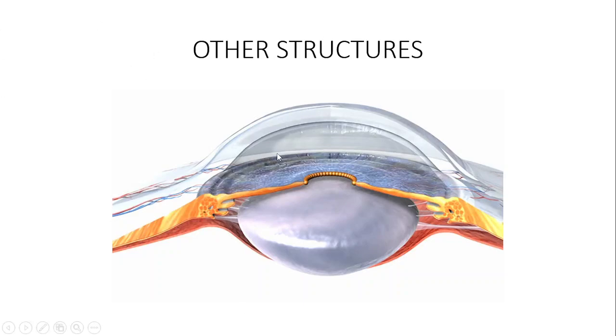Let us look at this other structure, okay, for better understanding. Listen. So this is your cornea. It's transparent, okay. It has outward convexity, all right. And the structure here is known as the iris, the brownish appearing, grayish substance.